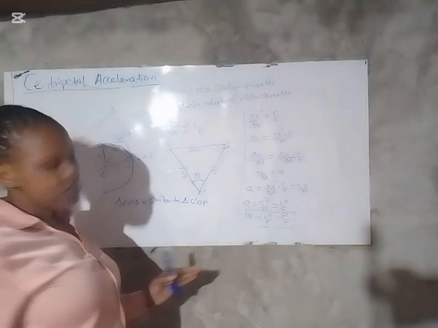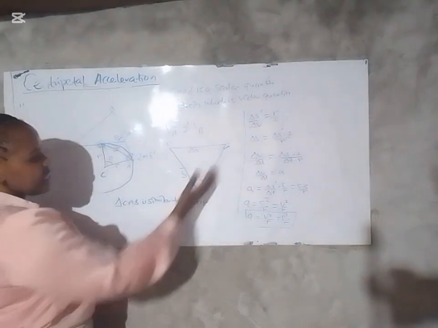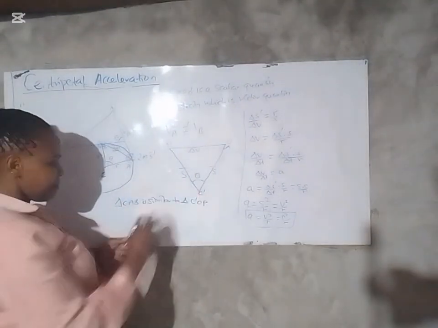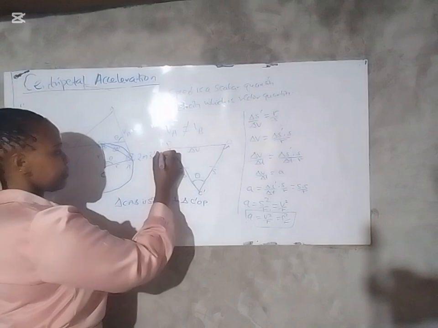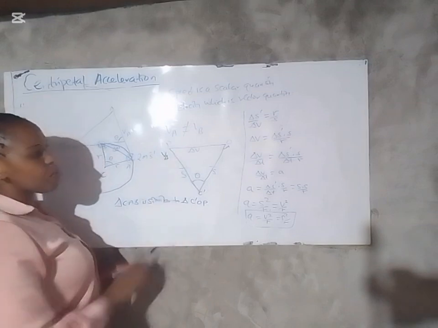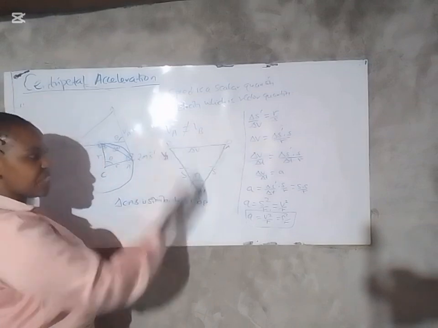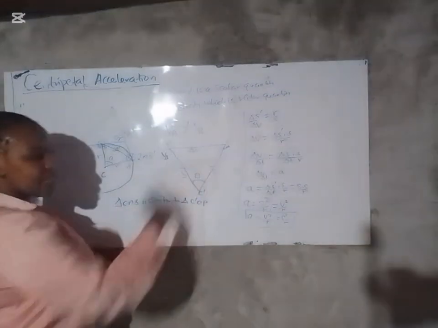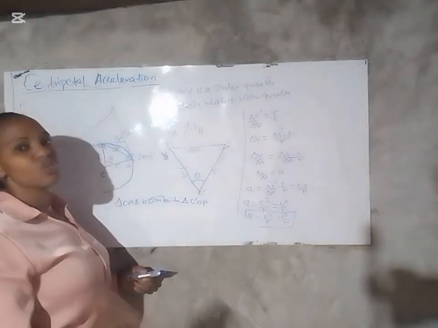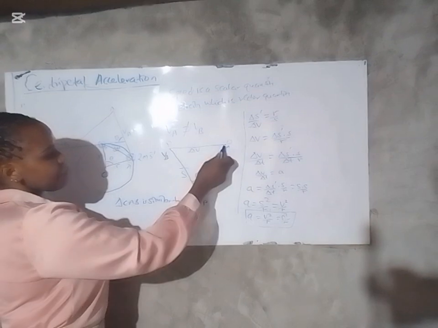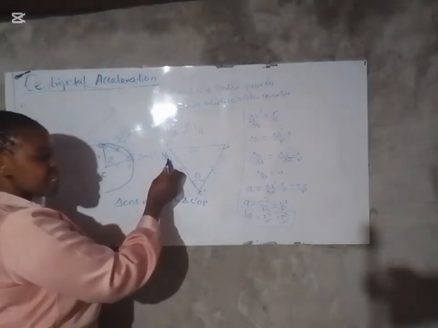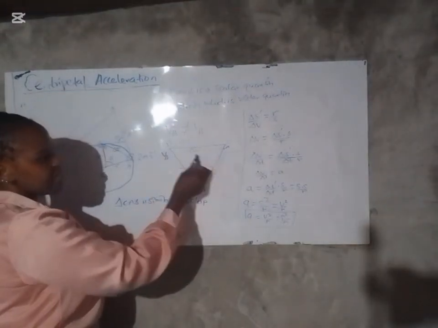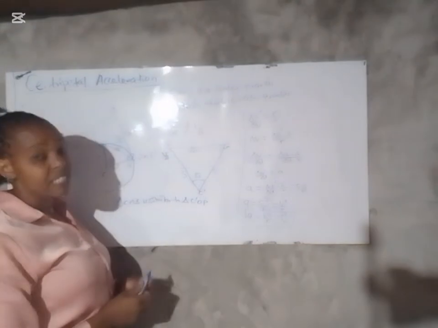Where did that take us? It took us to velocity A and velocity B. Because these directions are changing, this was direction A and this is direction B, the velocity is also changing. So from velocity A to velocity B, VB minus VA is delta V, the change in velocity.